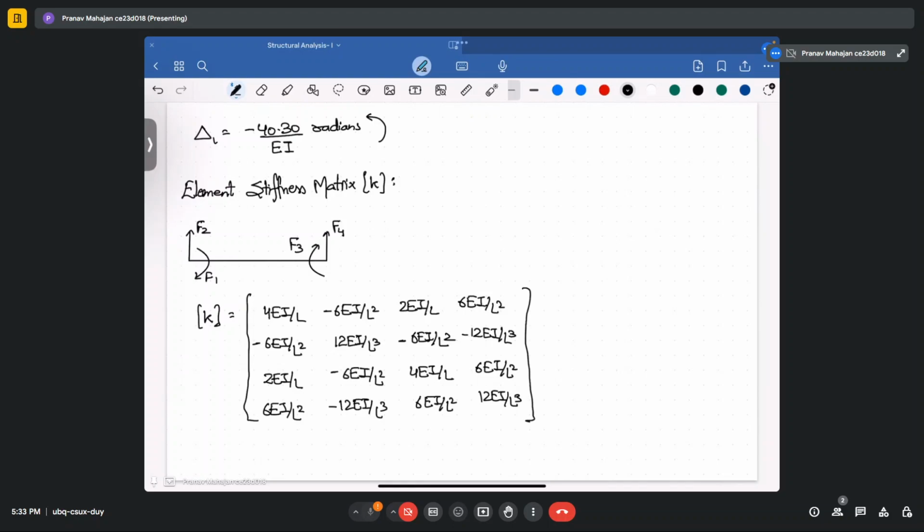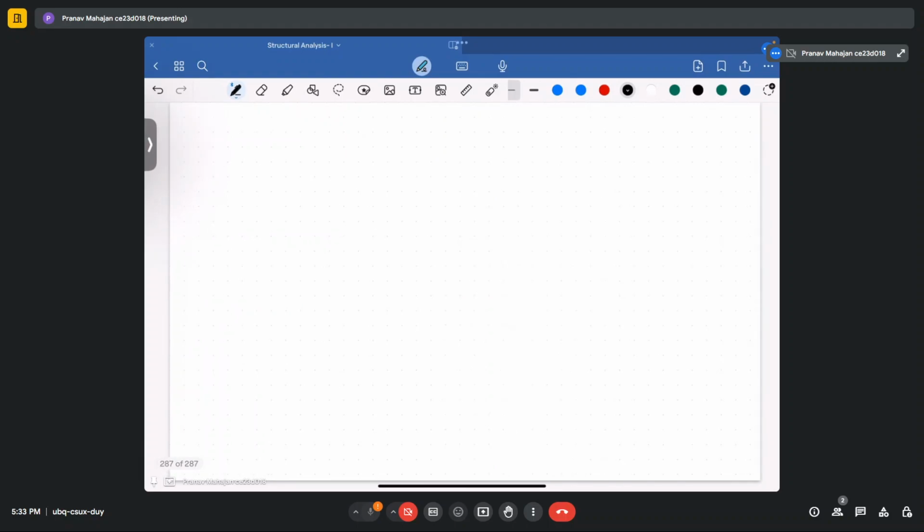Okay. So for AB, how it will look like. So substituting the values, your KAB is becoming 0.67.